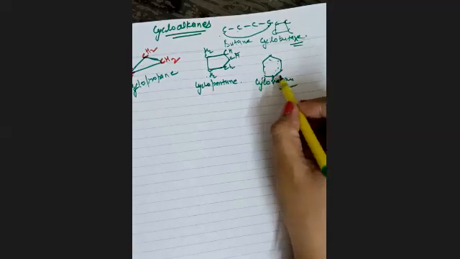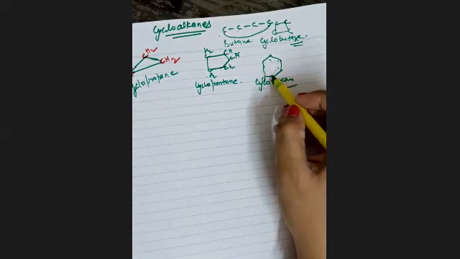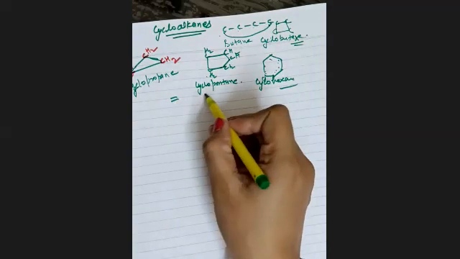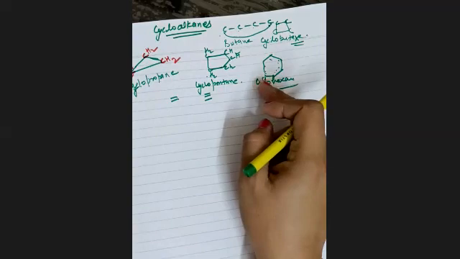But when I put alternate double bonds inside this compound, this will become the benzene ring. Clear? This thing we will understand in alkenes when we talk about the alkenes double bond and alkynes triple bond. Clear? Is this clear? Okay.